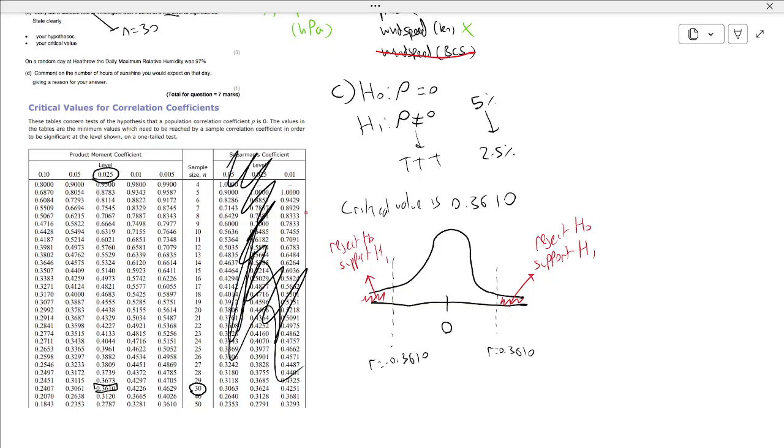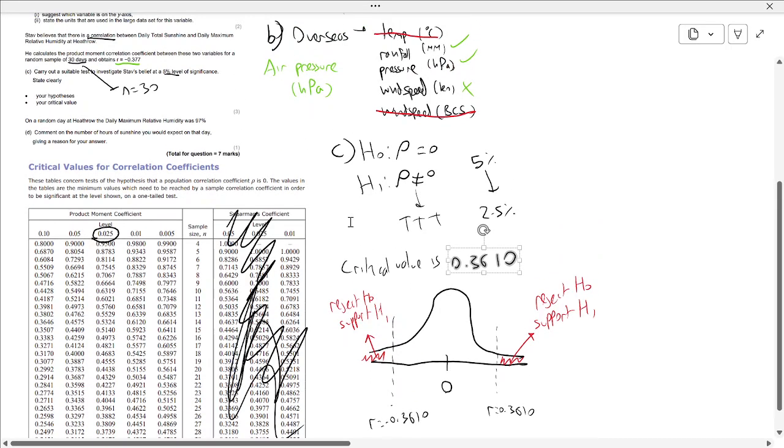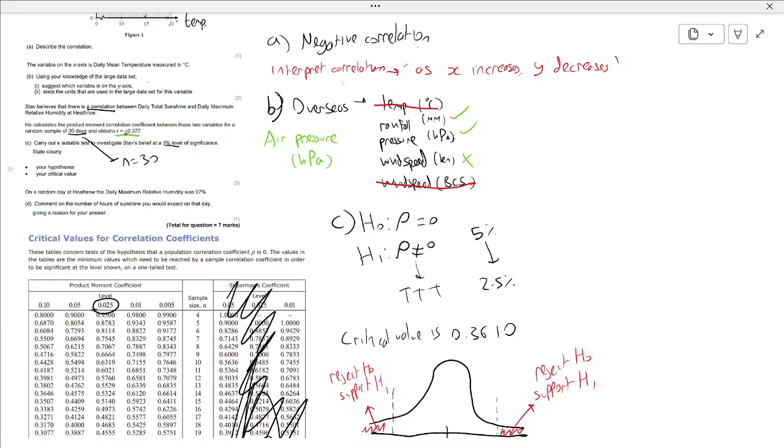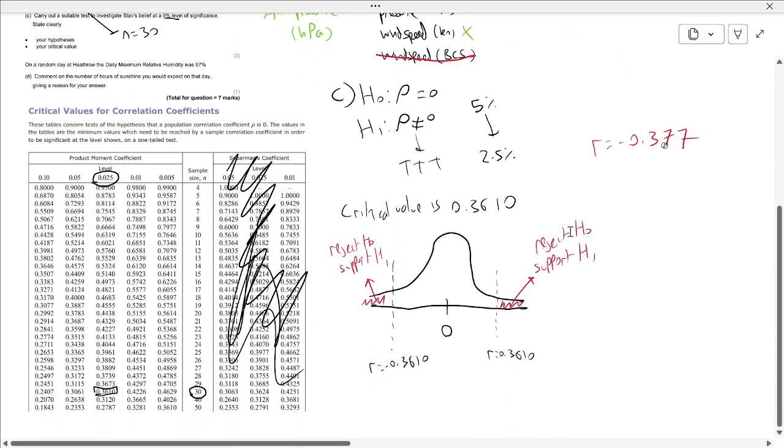And what was our observed value? We observed R equals, I have to scroll up a little bit, here, we observed in green, negative 0.377. Where is this on our picture? It is to the left of my critical value.